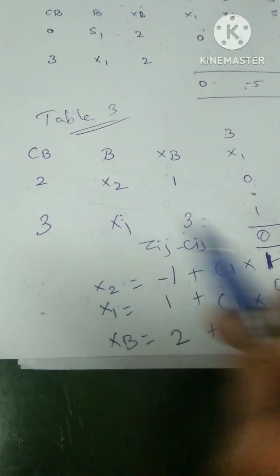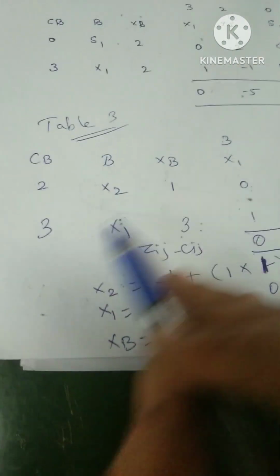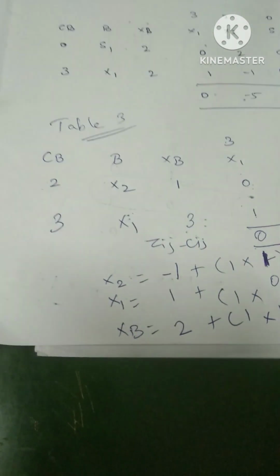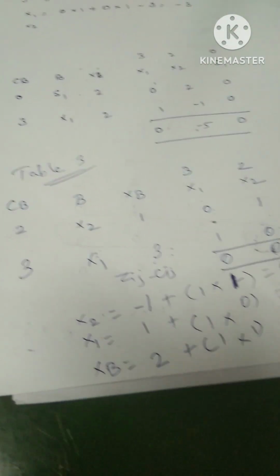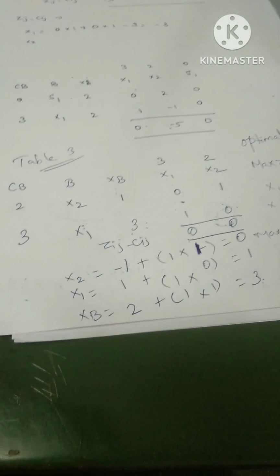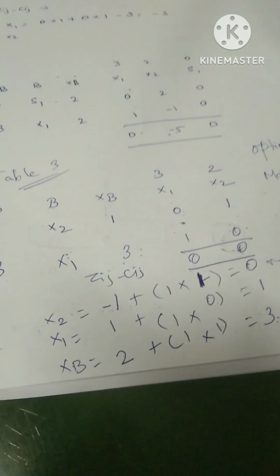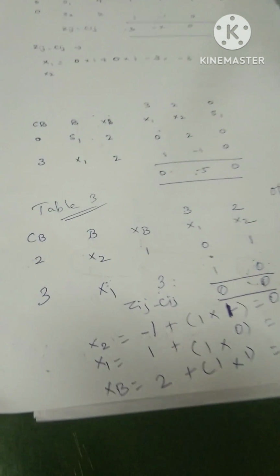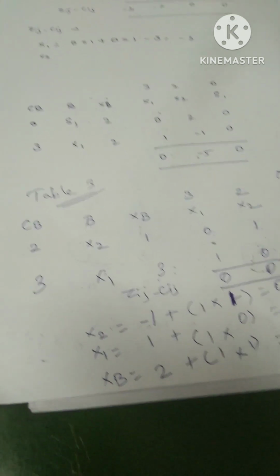Here it is 3 into 3 is 9. So 2 plus 9 is 11. We received the optimum solution as well as the verification as 11. So finally we have received the optimum solution. So this is regarding the various steps of the simplex method. Thank you.